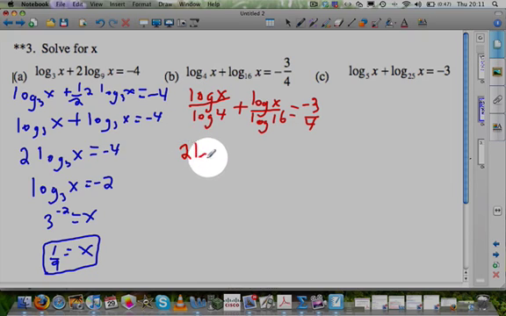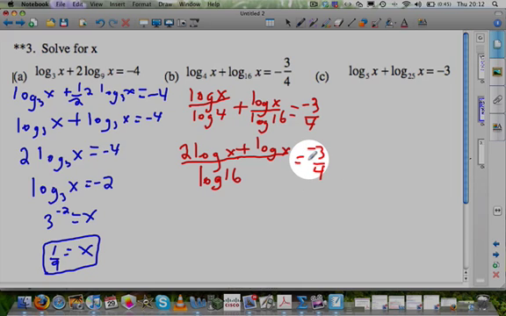You have 2 log x over log 16. Okay, because 2 log 4 squared, 4 squared is 16, so we have the common denominator. Now I'm just going to write this plus log x, since we're over the common denominator anyway, and that equals -3/4.